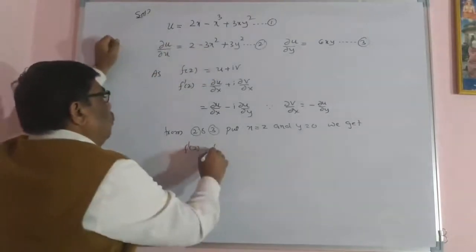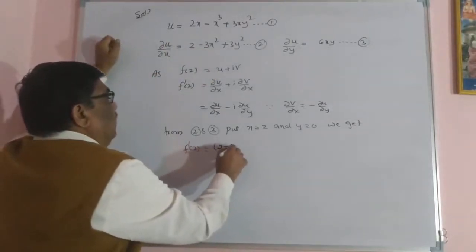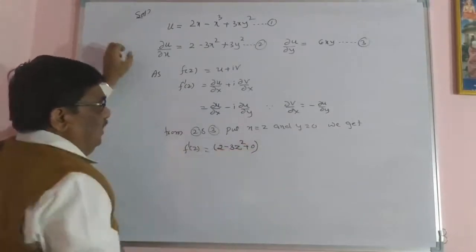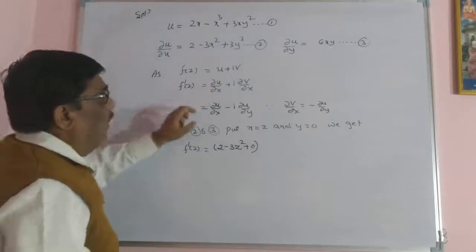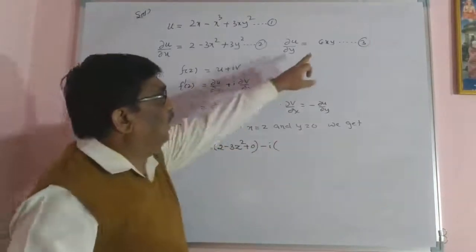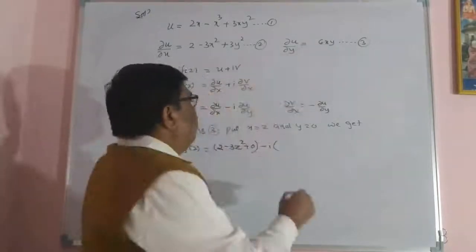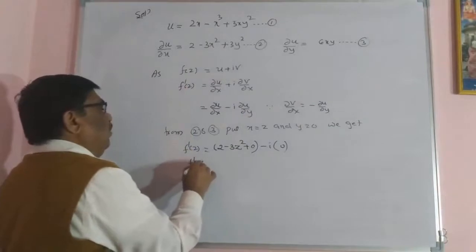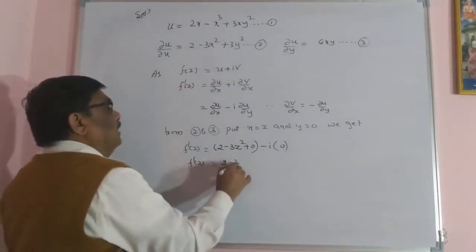So it is 2 minus 3z square, plus the y term becomes 0. Minus i dou u by dou y: x is z, y is 0, this term is 0. So f dash of z equal to 2 minus 3z square.